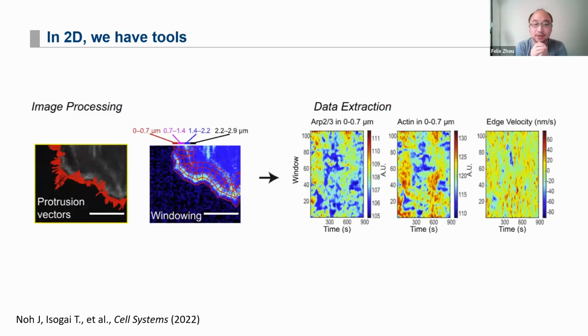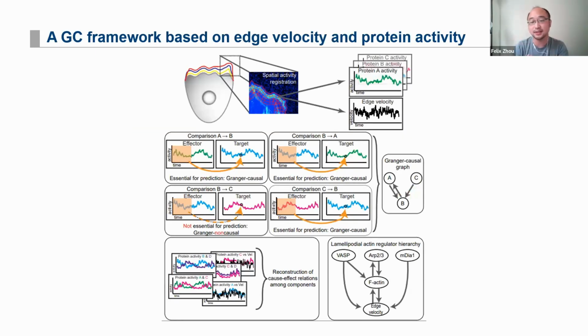You can also sample the molecular intensity within those windows, and what you end up with are nice activity maps, consistent time series for performing the Granger causality test. This allowed them to dissect the Lambda-Podia actin regulator hierarchy presented in this figure at the bottom right.